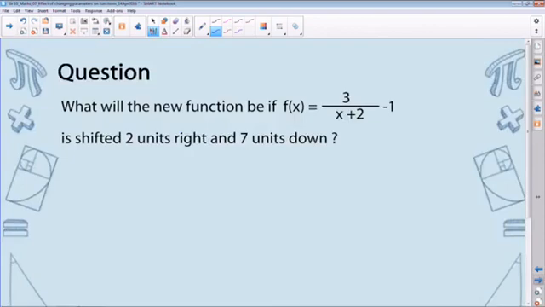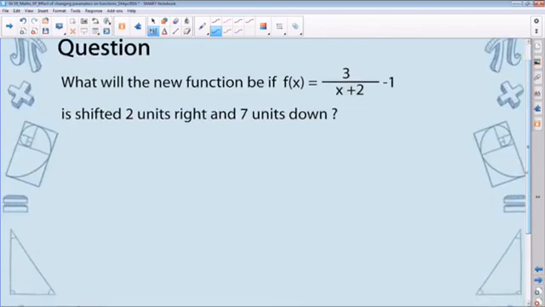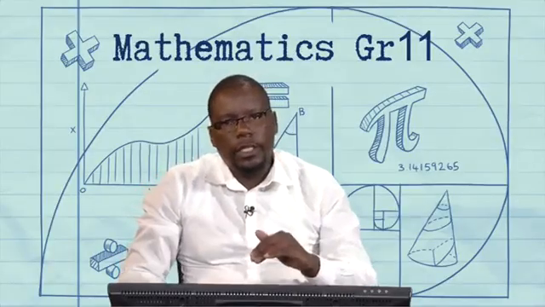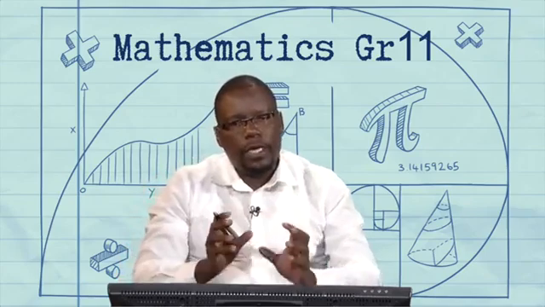So now we move on to the next one. Same thing applies. What will the new function be if f of x is 3 over x plus 2 minus 1, if it's shifted 2 units to the right? Now, remember, what is going to be affected is your denominator, your asymptote.